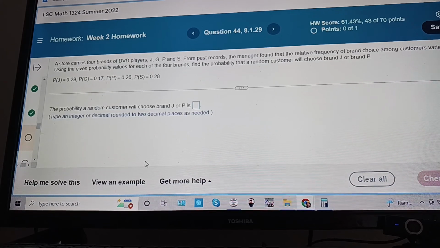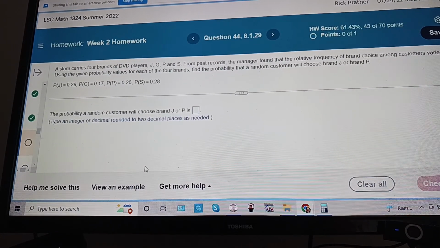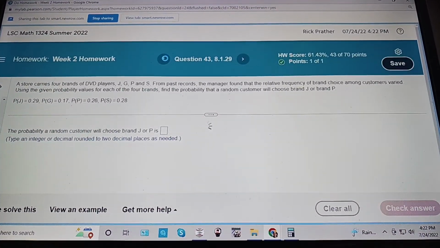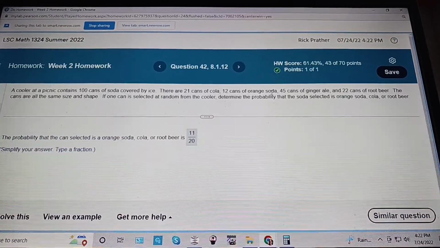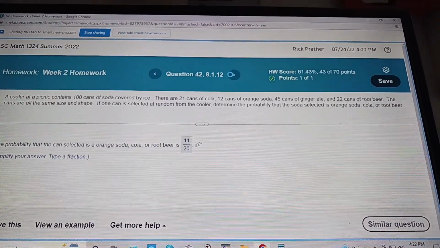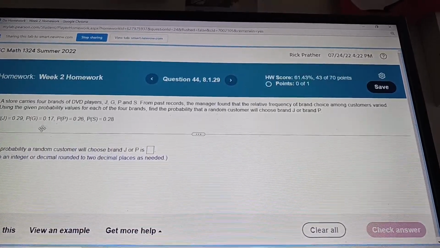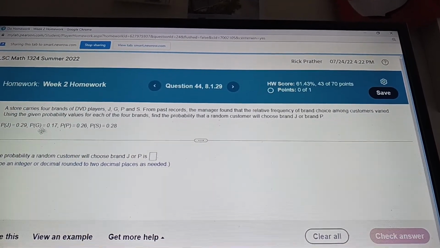Okay, so this problem, I think the only difference here is instead of telling me the number of each of these categories, like the number of colas, usually they do it like 42 and they say there's 21 colas and 12 orange and 45 ginger ale. What they've done here is, if there's decimals, they've already divided them by the total. And they didn't even tell me what the total here is.